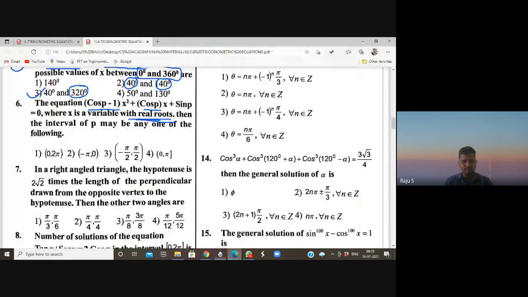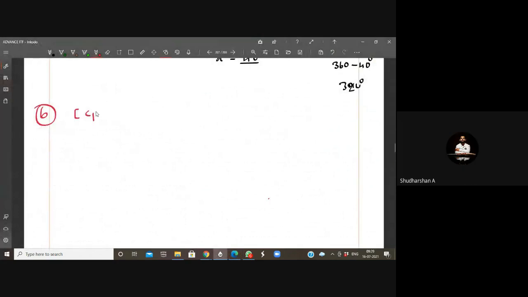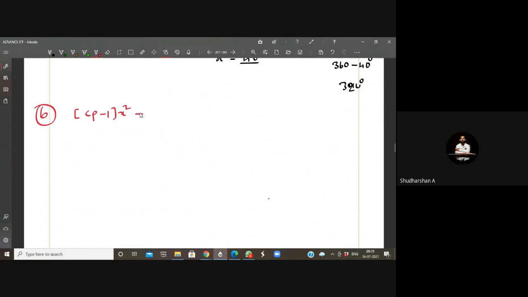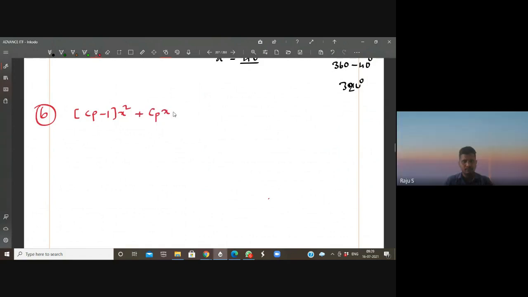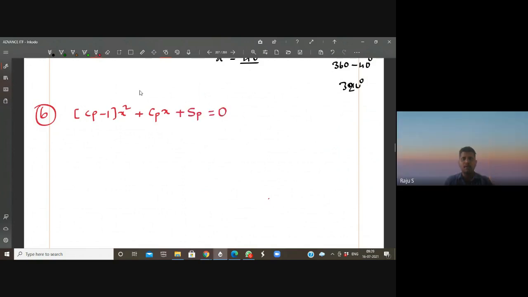Cos p minus 1 times x square plus cos p x plus sin p is equal to 0. What about x here? Real roots.